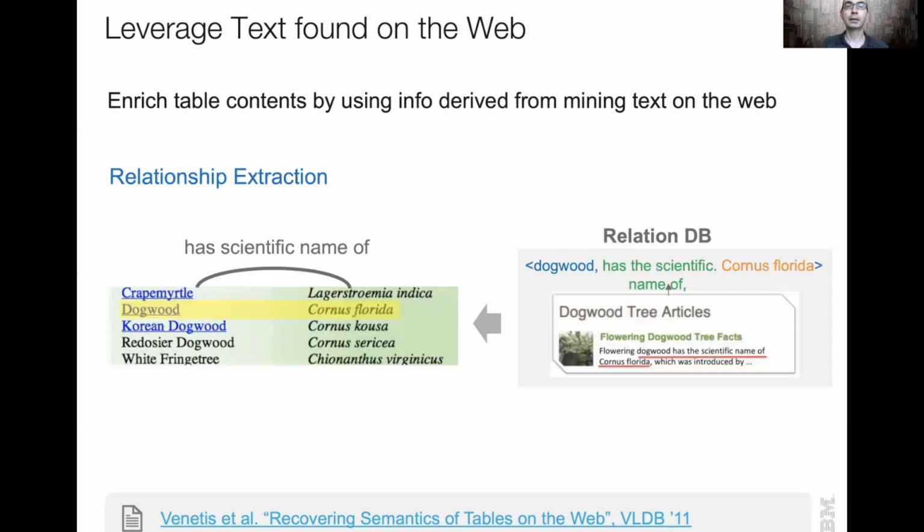I think this work is important to mention for two reasons. One is because of this creative idea of leveraging text information to find and enrich tables with additional semantics.